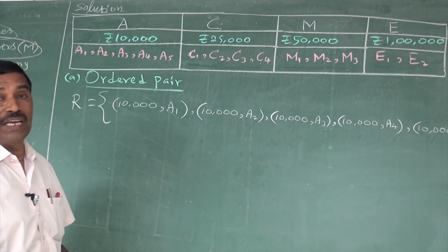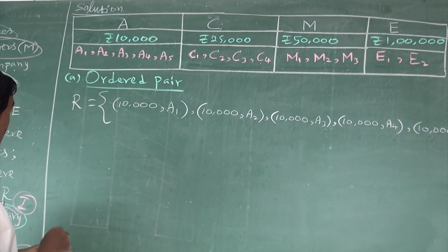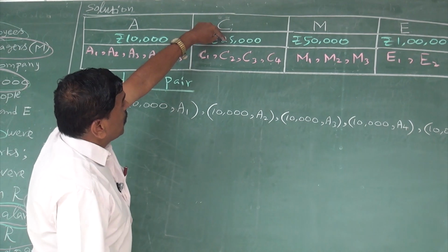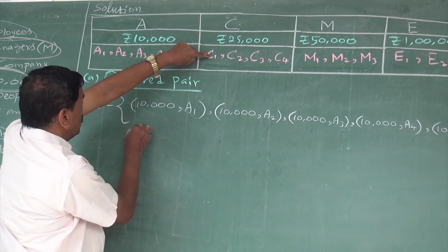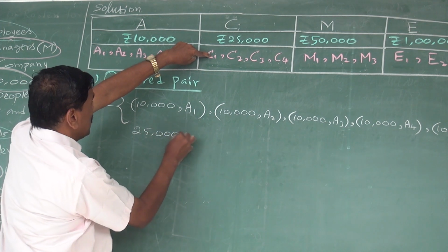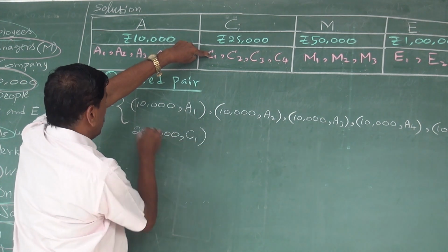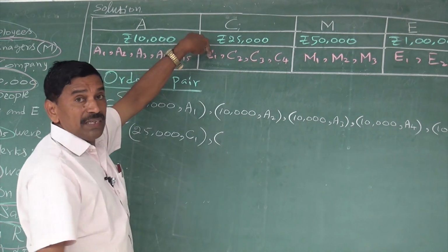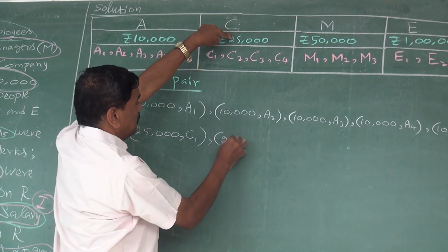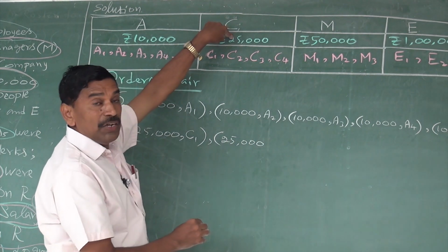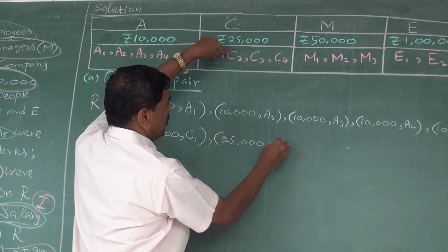Can you tell me what the second row is? Anyone? Yes, listen, second row: rupees 25,000 is related to clerk 1, comma, hereafter yourself. Yes, rupees 25,000 is related to C2.